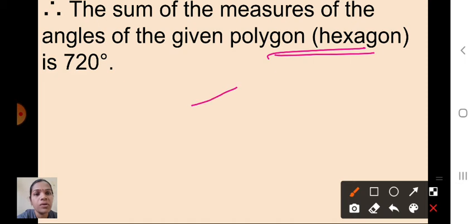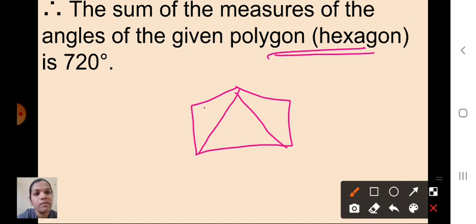Okay children, see here this pentagon. The pentagon here I will draw. Here how many triangles can we make? You have to see, and what is the measurement of the triangle. This is the first triangle, second triangle, third triangle.